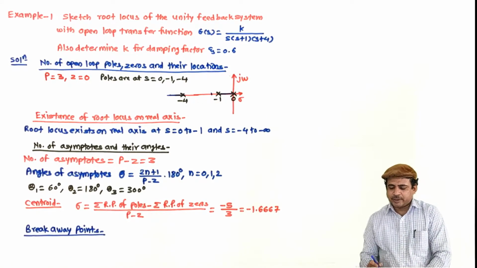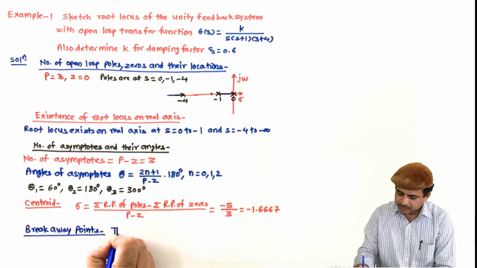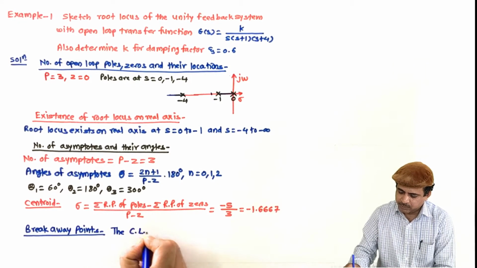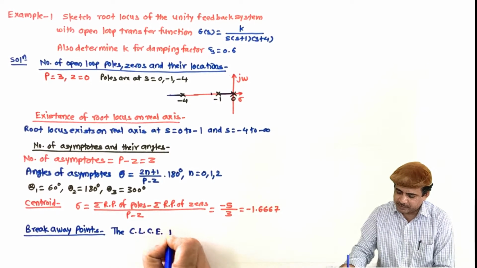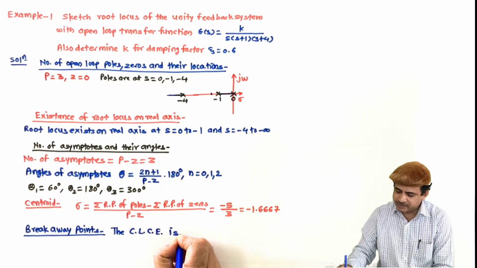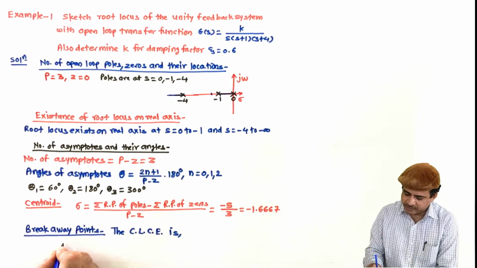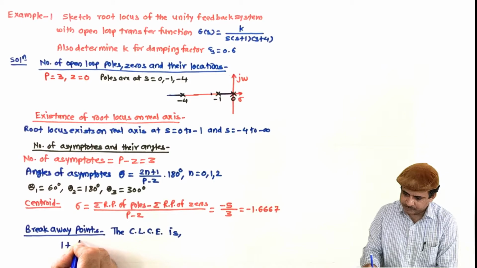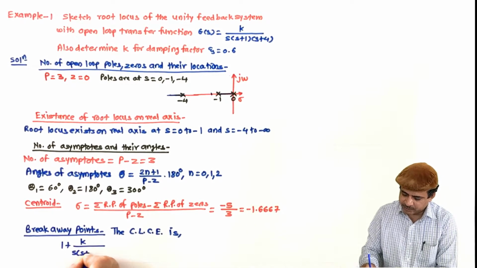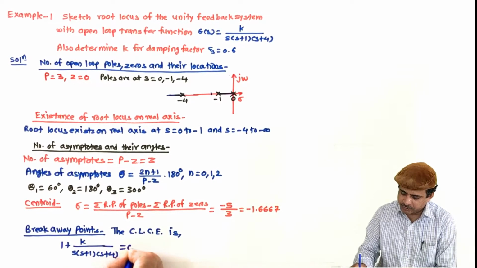So for breakaway point, the closed loop characteristic equation is 1 plus GH is equal to 0. So in this case it will be 1 plus K upon s into s plus 1 into s plus 4, that is equal to 0.